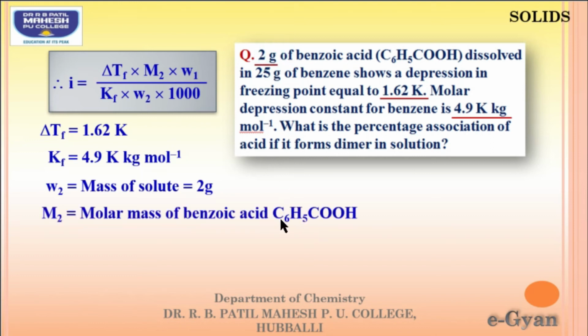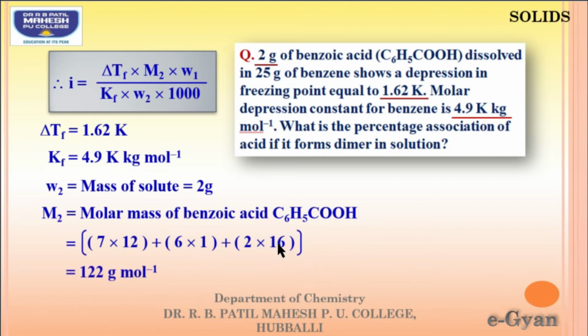C6 is 12 into 6, H5, and here one more H, that is H6, so that is 1 into 6. One more carbon is there, so initially it was C6, now it will become 7 into 12, and 2 oxygens, 2 into 16. That is 7 into 12 plus 6 into 1 plus 2 into 16, that is equal to 122 grams per mole.